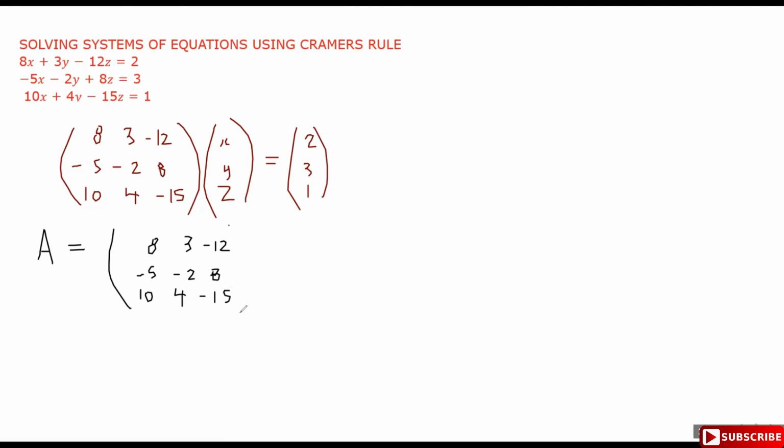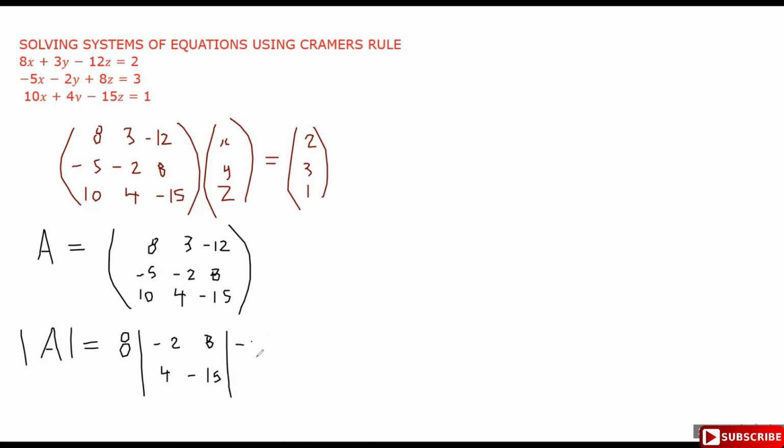Nice. Now we're going to find the determinant of the matrix A. The determinant of the matrix A is going to be equal to 8 times, in bracket, cross out this row, cross out this column. This is now minus 2, 8, 4, minus 15. And then now we have 8, then minus 3.